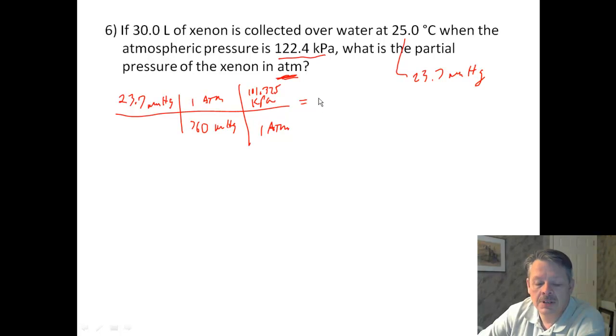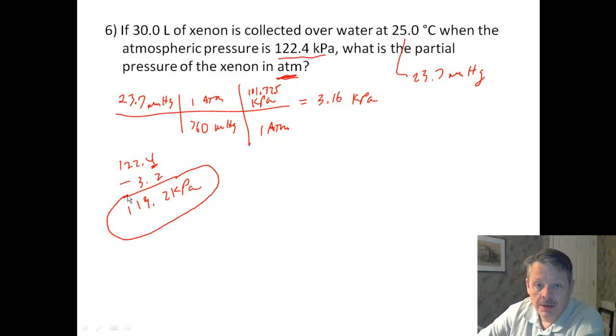If I do that math, I get 3.16 kPa. So if I now take the 122.4 and I subtract 3.16 or 3.2, because I have to match that number, I'm going to have 119.2 kPa.